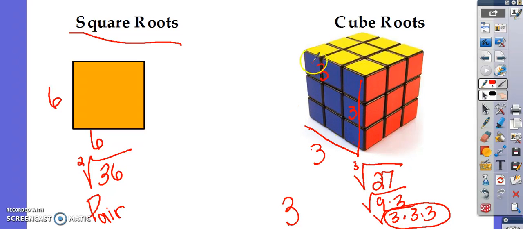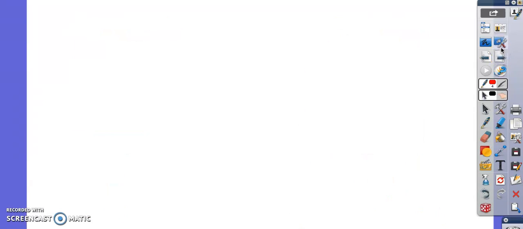So this is why it is a cube root, because it is a three-dimensional object and you're trying to find 3 of the same. The square roots are a little bit different because you're just looking for 2 of the same. So let me give you a couple of examples. If you had the cube root of, let's say, 81, and remember you have to put the little 3 there.